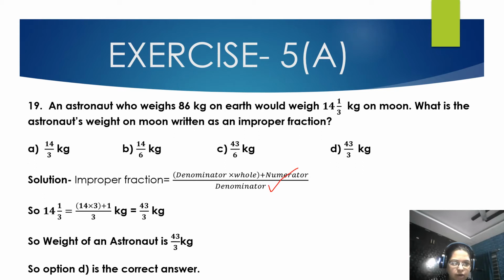So 14 divided by 3 will be: multiply denominator 3 with whole, that is 14, plus numerator, that is 1, divided by denominator 3. We get 14 multiplied with 3 is 42, 42 plus 1 is 43, so 43 divided by 3 kg. So the weight of the astronaut on Moon will be 43 divided by 3 kg. So option D is the correct answer.